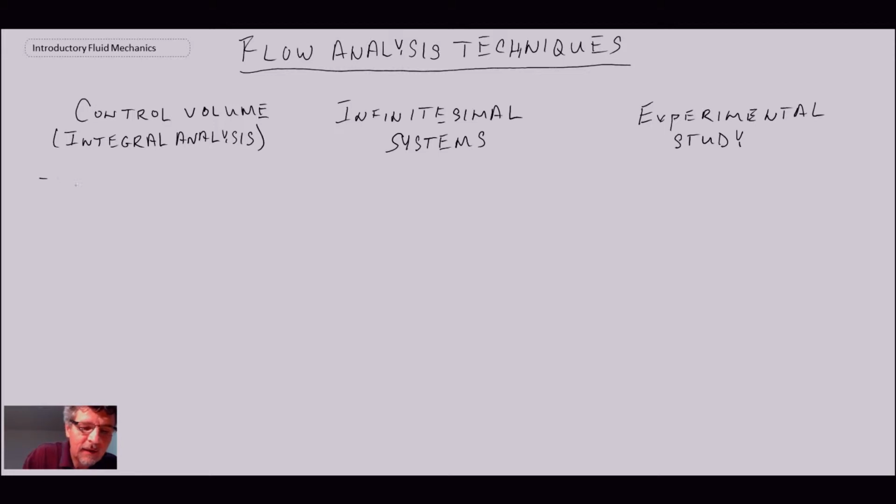And this is a crude but quick tool. It will not give you velocity profiles, but it will give you forces, things like that. You can calculate mass flow rate and generic forces that might be on a body or on a plate or a wall.